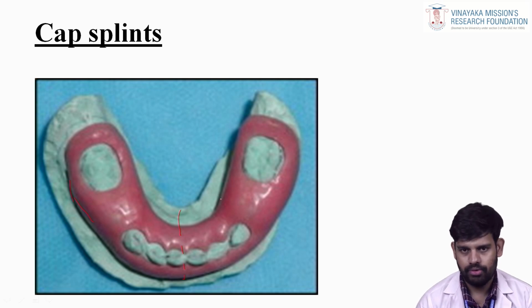This plate will be put into the patient's mouth, and it is secured through circummandibular wiring. So we will go from the lower border, take a stainless steel wire and go along the fabricated plate and through the lingual side and come out of the lower border, and we will secure the wire.